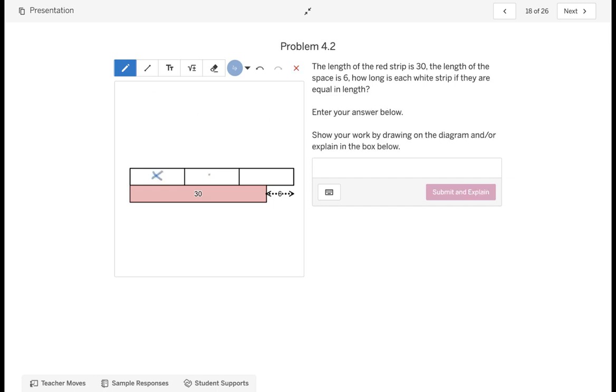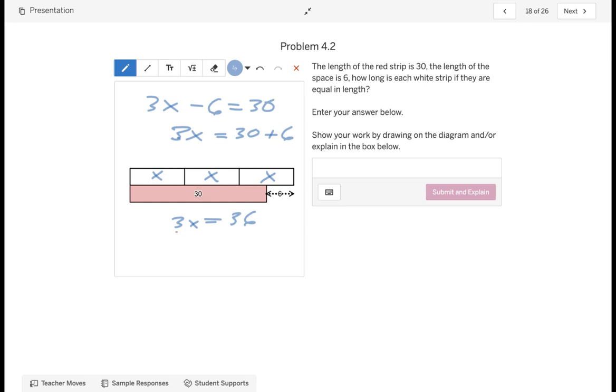So now we're going to solve. I know the equation is 3x minus 6 equals 30. I know if I were to combine these back together, that 3x would be equal to 30 plus the 6, which means the full length of 3x, these 1, 2, 3 together, is equal to 36.